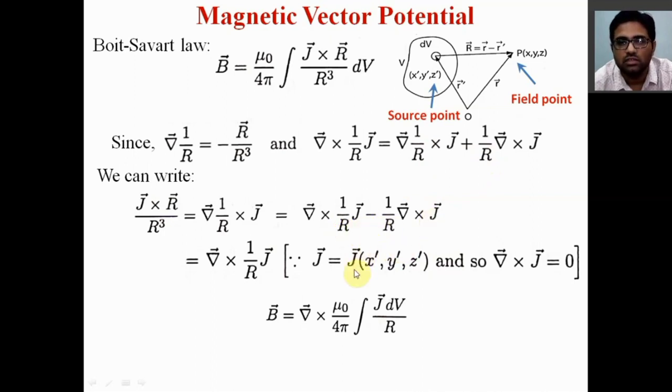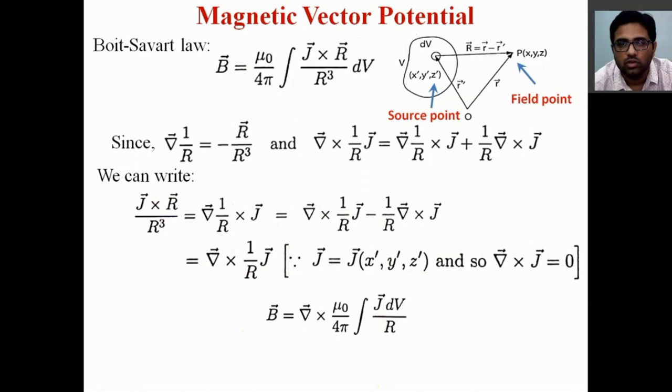Since the current density J is with respect to source point coordinates and the del operation is with respect to field point coordinates, curl J will be 0. Then we are left with curl of J by r, and we get this alternative form of magnetic field.